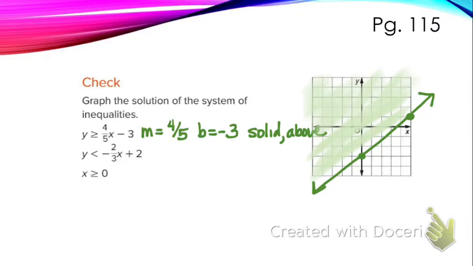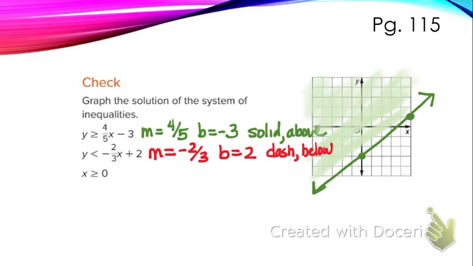All right, let's look at the second one. What's the slope of the second graph? And what's your y-intercept? Solid or dashed? Above or below? All right, let's graph it.